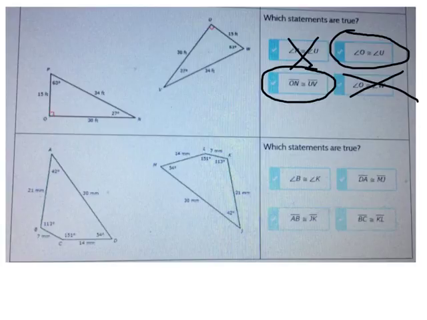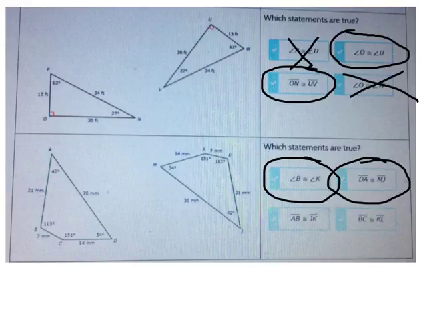Let's look at one last set of figures. Is angle B congruent to angle K? Yes. Is line segment DA congruent to line segment MJ? Yes.